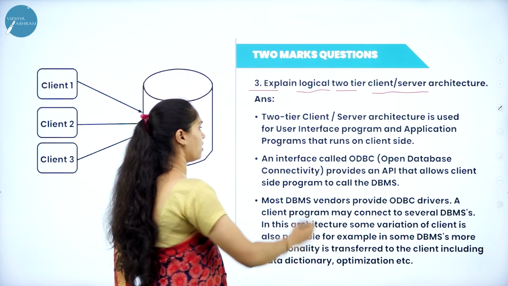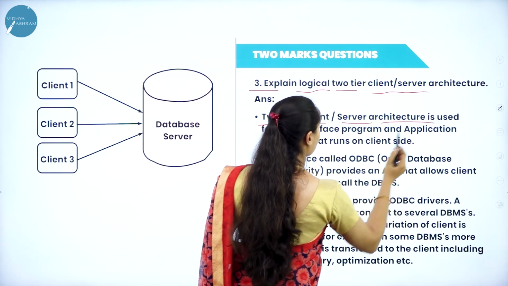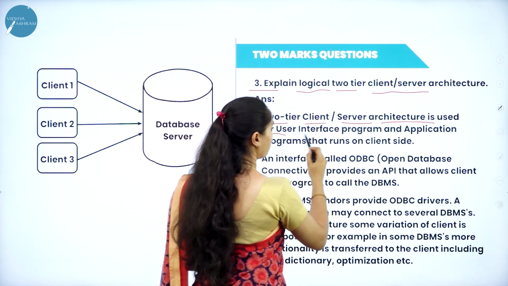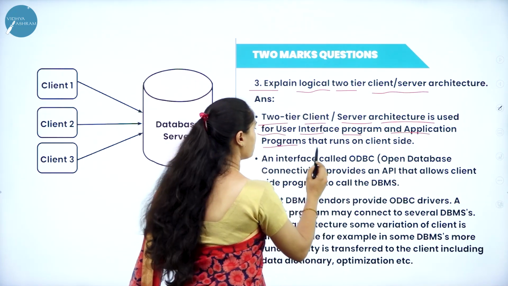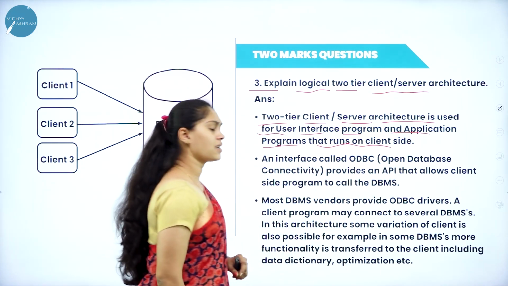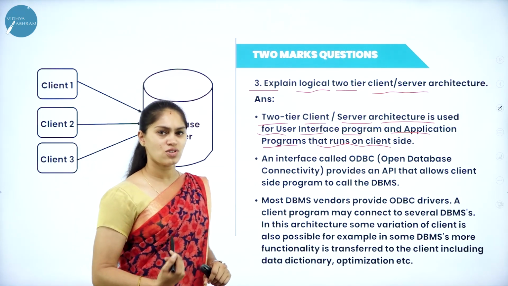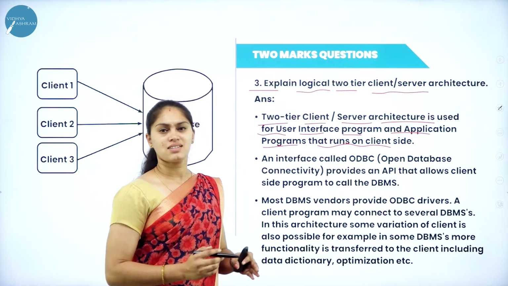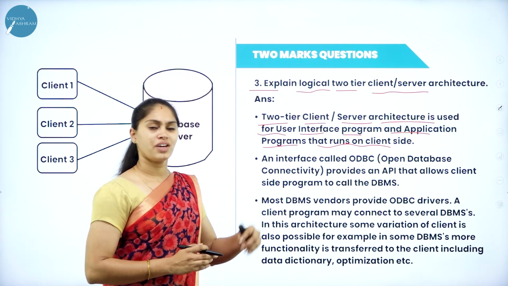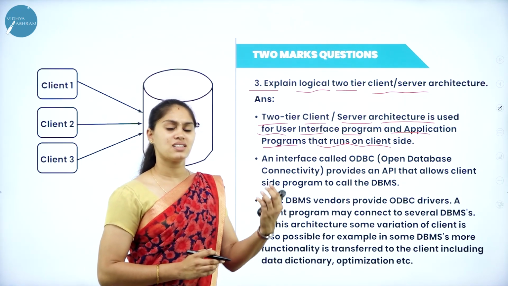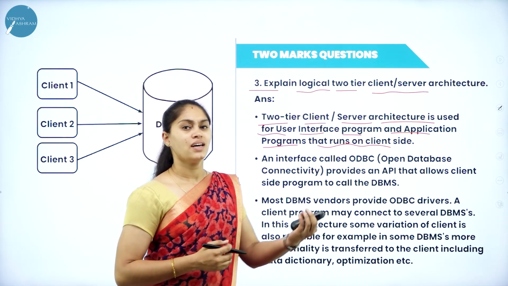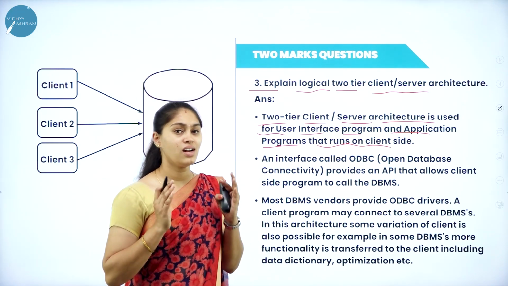We'll see the points here. Two-tier client-server architecture is used for user interface programs and application programs that run on the client side. They will run on the client side to satisfy the requirement of a customer or a client. So we approach the server, then that server will process our request, then it will send the response back to the client.